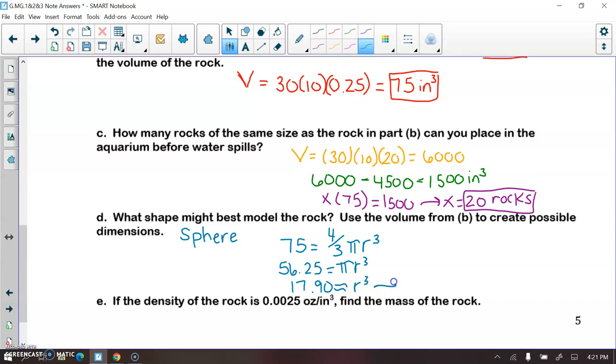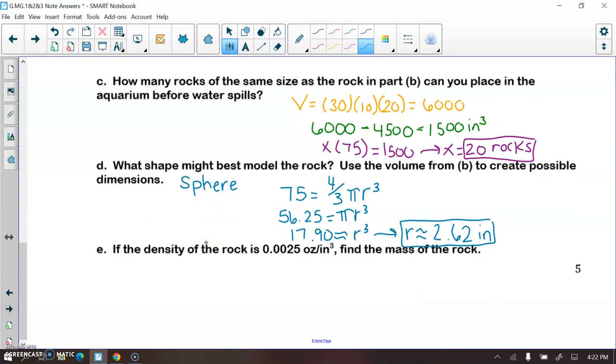And then taking the cube root of both sides, r is approximately 2.62 inches.